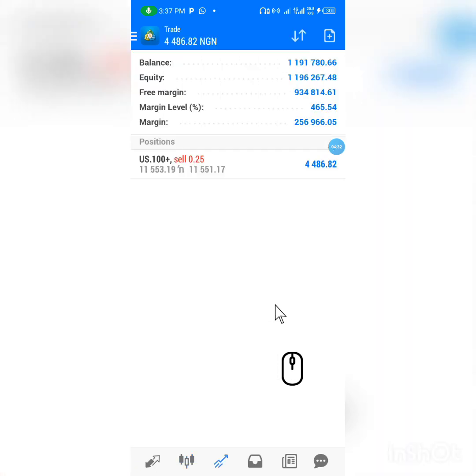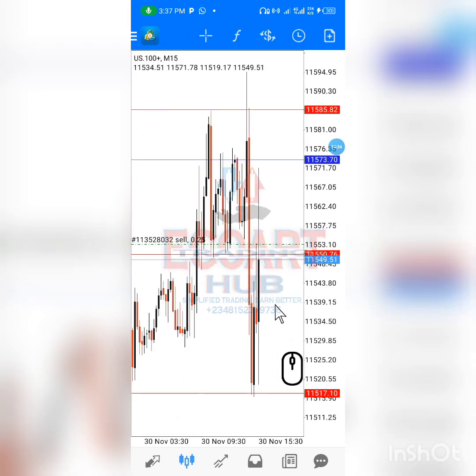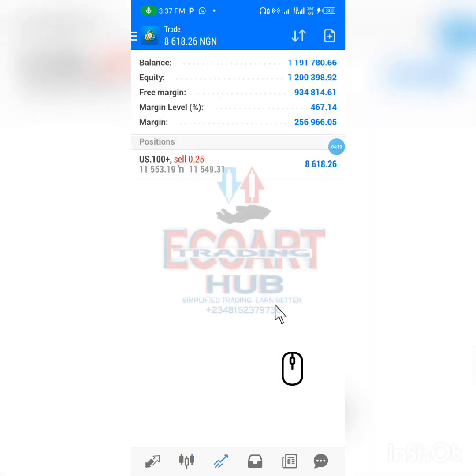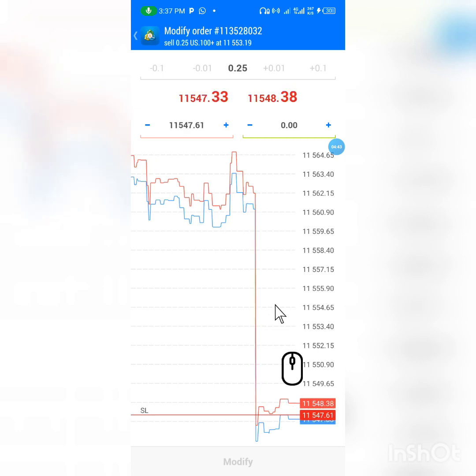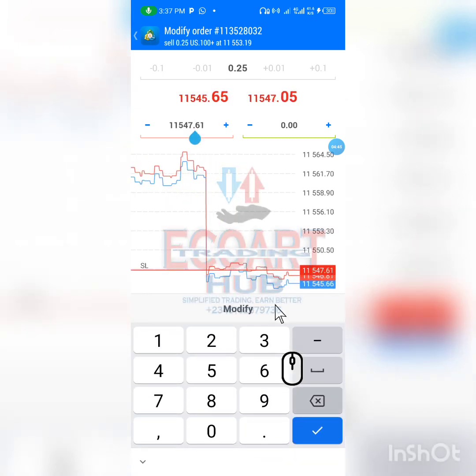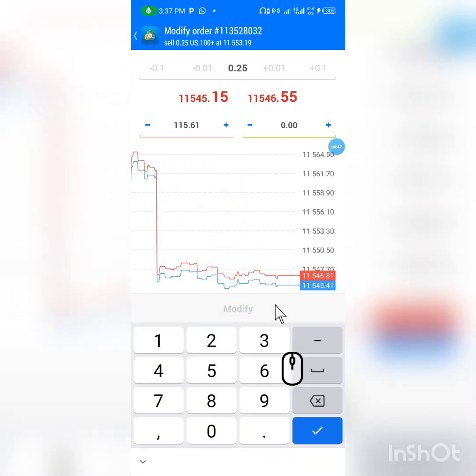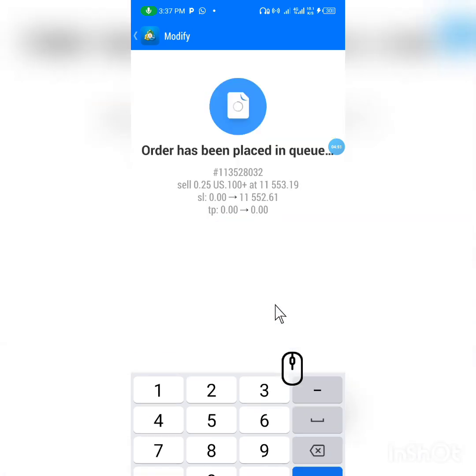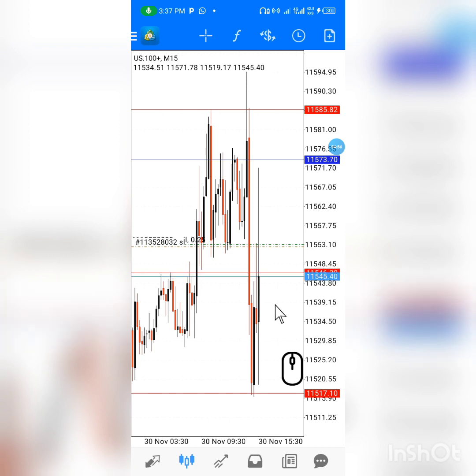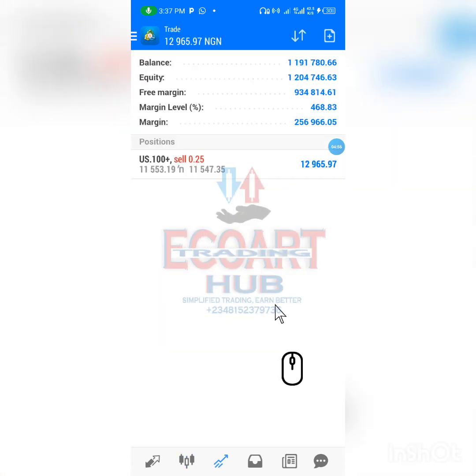So now our trade is running in profit because we placed a sell stop, and we are going to close out or lock our trade at 5, 6, 5, 2, 4, 8.